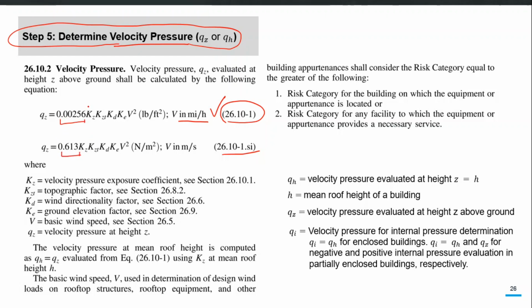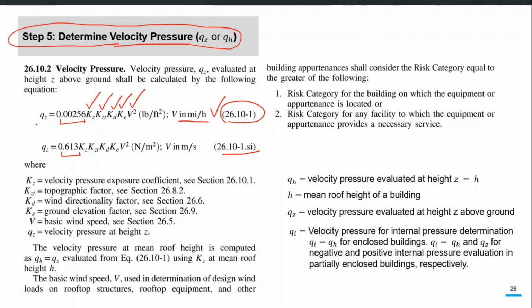So the empirical factor is different for both cases. You will be using Kz, which you calculated, Kzt, Kd, Ke, all of them are calculated already, and the velocity is determined from the wind hazard maps. You multiply all of them in this expression to finally calculate qz.